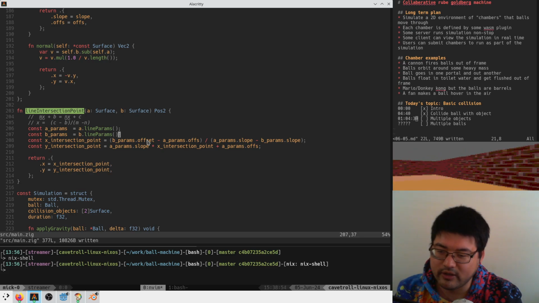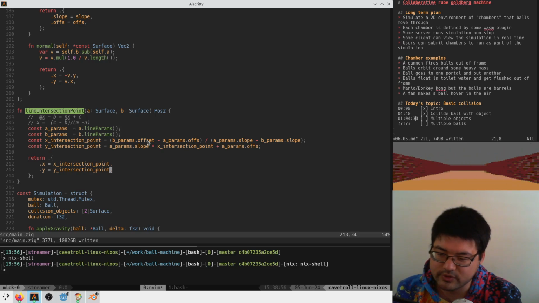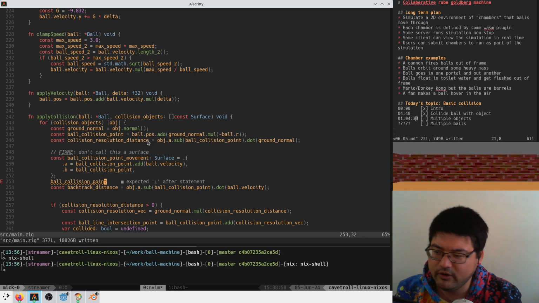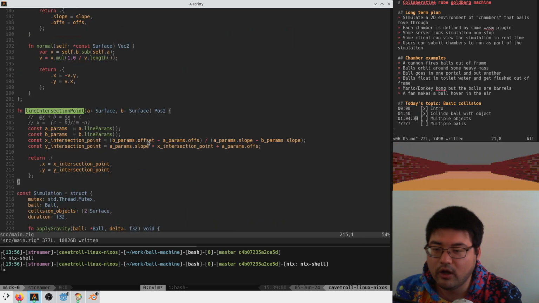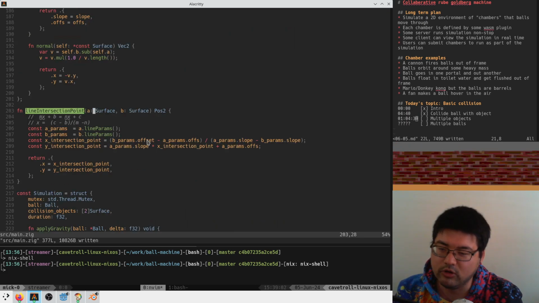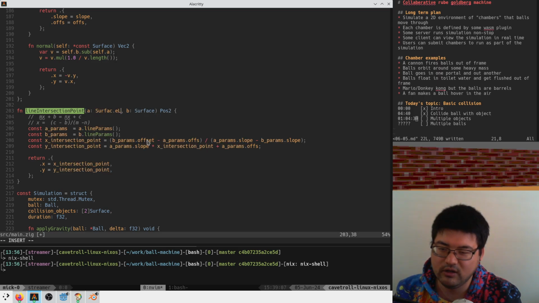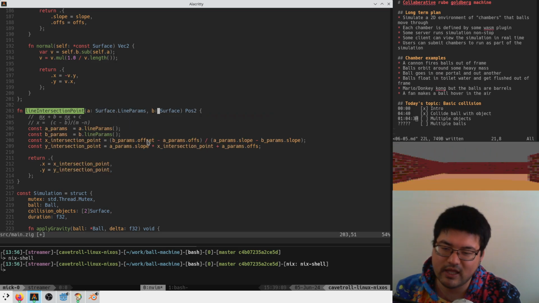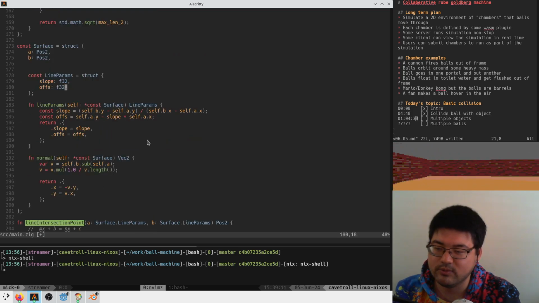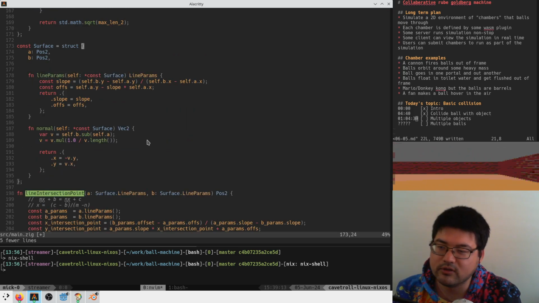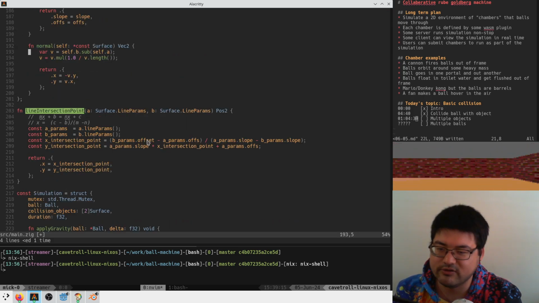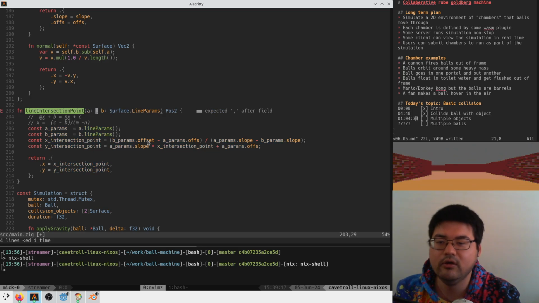Here we are not doing any clamping between the lines, which is maybe kind of stupid, but that's fine. Maybe we'll look at this in terms of surface line params. That makes more sense to me. So we have some line parameters that define some line.